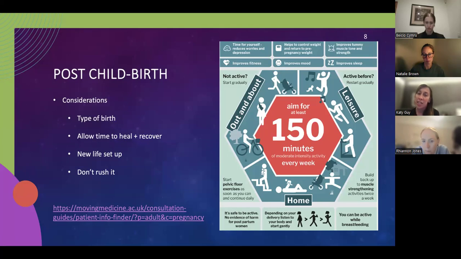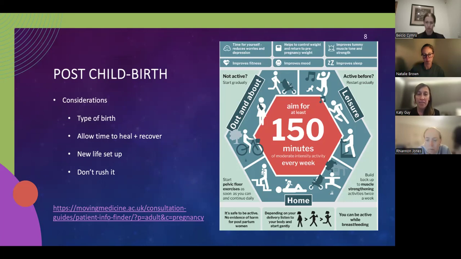It tries to show that activity isn't just going for a run or a bike ride. It's stuff that can be done at home or started at home, and then you can start going out and about. It also quite nicely reminds you that you need to listen to your body and start gently.